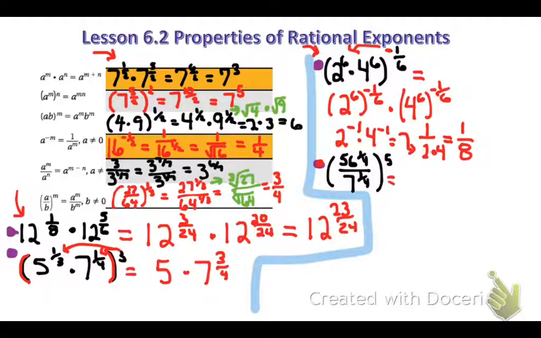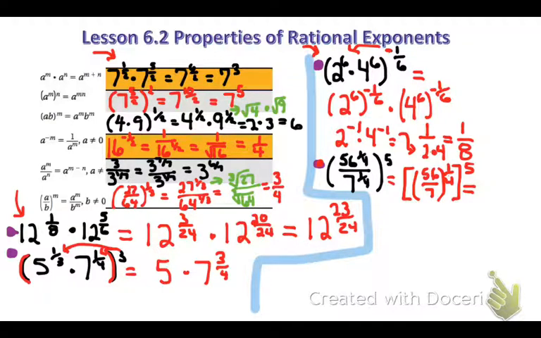So let's break that up a little bit, and we'll say 56 divided by 7, and that entire fraction is raised to the power of 1/4, and then that quantity is raised to the power of 5. So we're working backwards just a little bit.